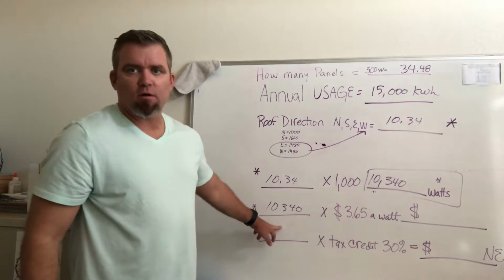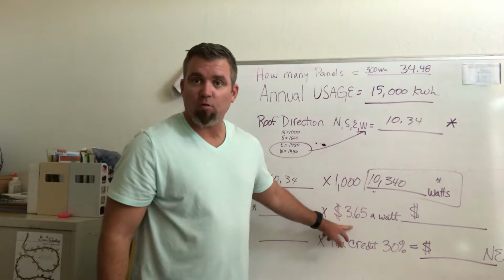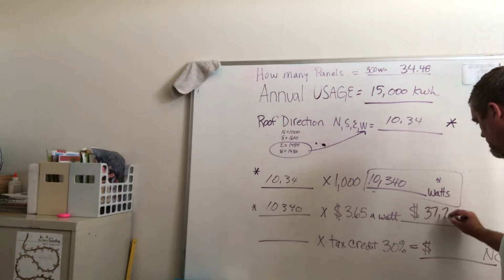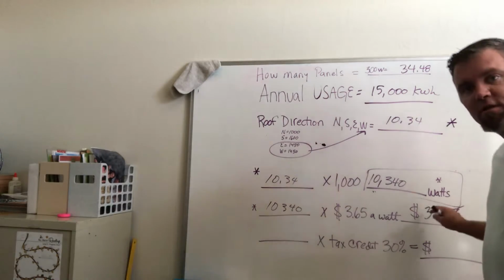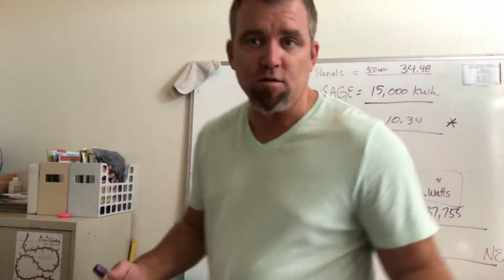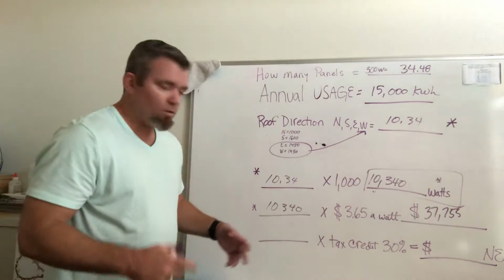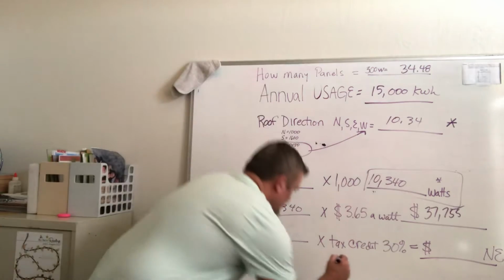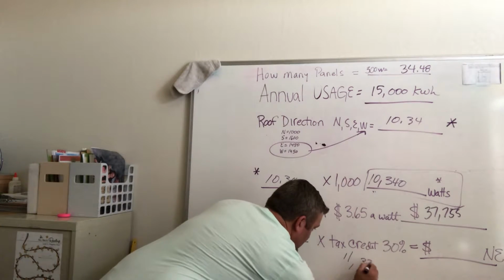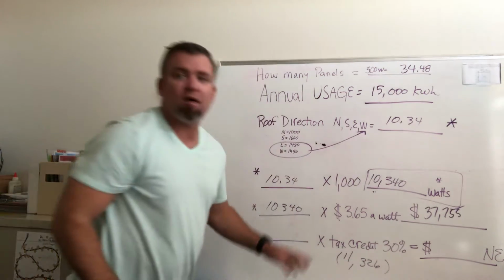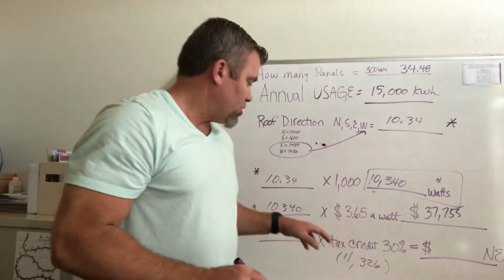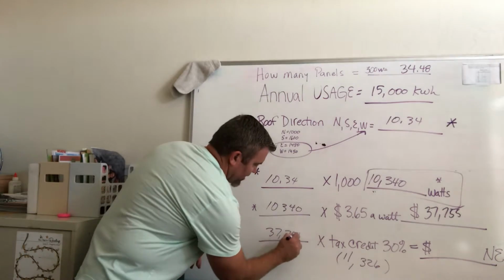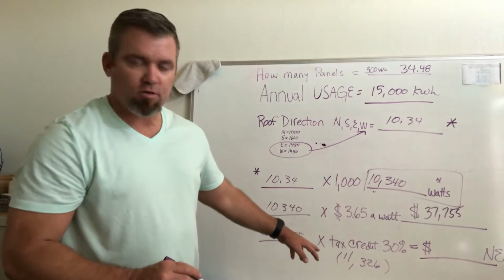So 10,340 watts at $3.65 a watt turns into $37,755 for the system. Now you get the federal tax credit. In this case, the federal tax credit is $11,326. So we're going to take our $37,755 minus the federal tax credit that we're going to get.